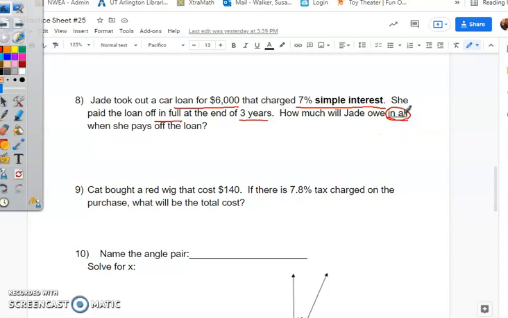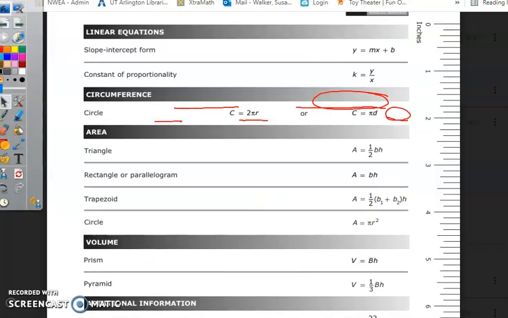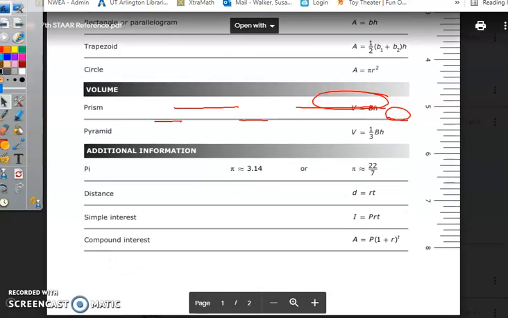Okay, so we're going to assume she's paying off the loan at the end. Okay, so since this is, I really should have circled this, a simple interest problem, hopefully you remember. We can go to our formula chart. And simple interest is right here.